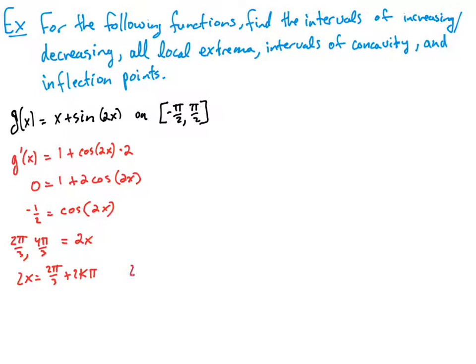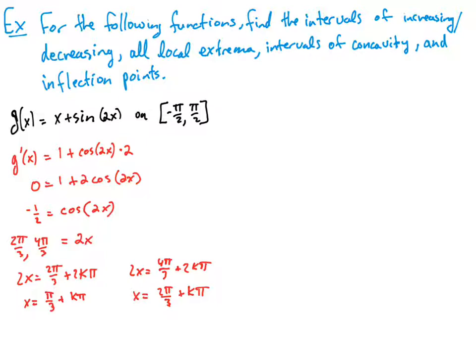And then the second equation is going to be 2x is equal to 4 pi over 3 plus 2k pi. So dividing both sides of each equation by 2, we get x is equal to 2 pi over 6, which is pi over 3, plus 2k pi divided by 2 is k pi. And then in the second equation, we're going to have x is equal to 4 pi over 6, which is 2 pi over 3 plus k times pi.